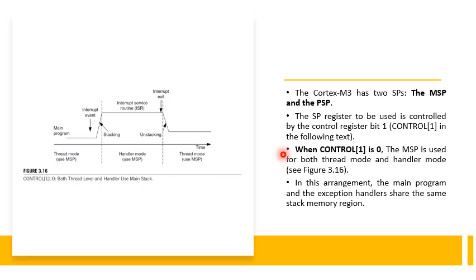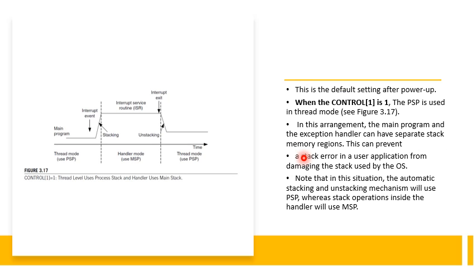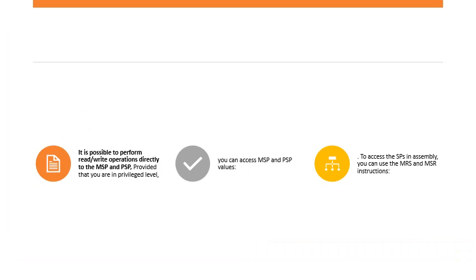This can be done by using bit number 1 of the control register, in the program. Similarly, if you intend to use PSP, the same thing applies by setting control bit 1. This is the default setting after power-up, which you need to notice here.